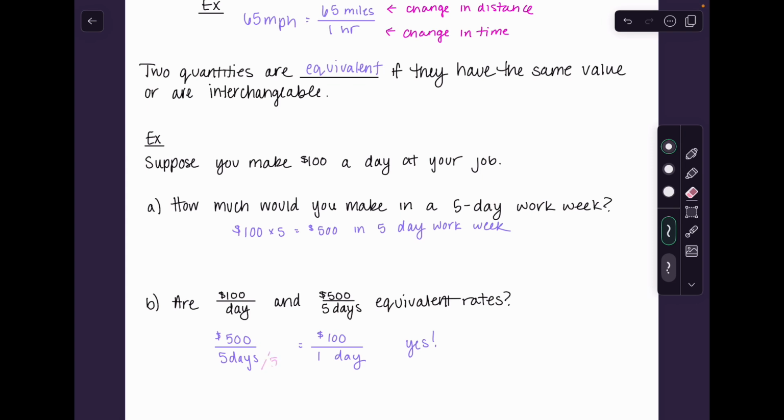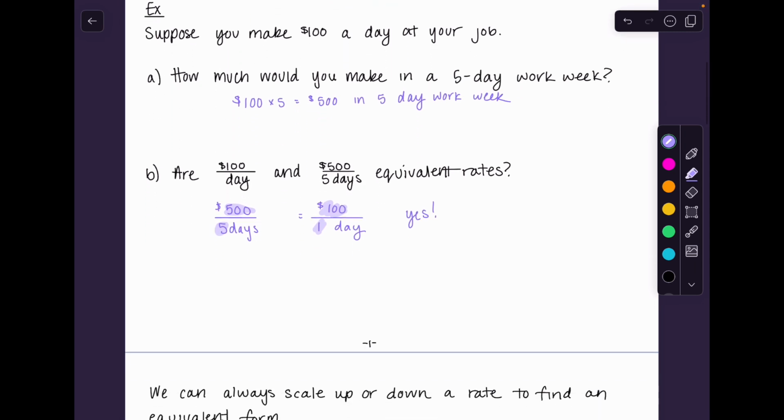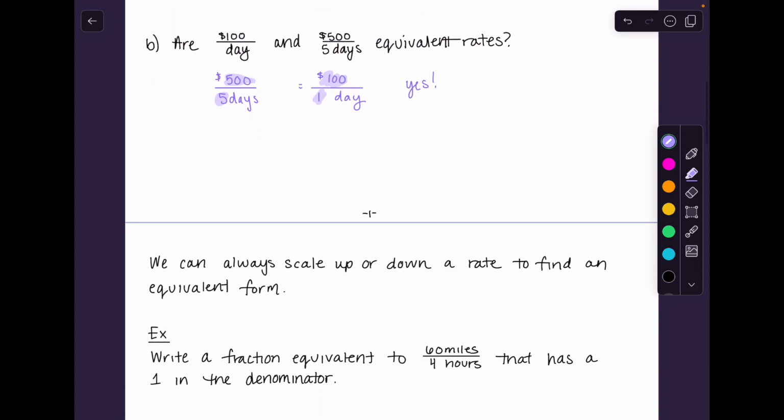And you don't really have to go through and divide by 5. If you just take 500 and divide it by 5, you get exactly 100 over 1. So you can see that these two are representing the same thing. Something that's super nice about rates and rate of change is that we can always scale it up or scale it down to find an equivalent form. And depending on what you need to do, one form might be beneficial over another.